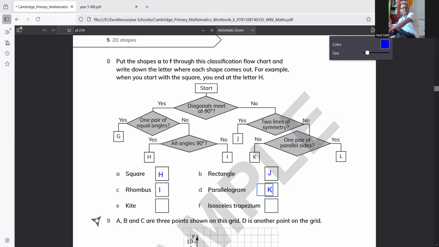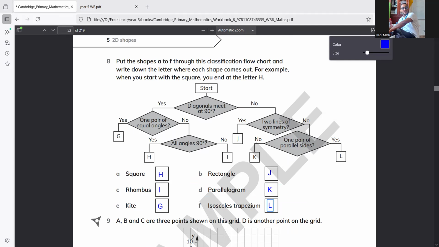The diagonals meet at 90 degrees, it's a yes. One pair of equal angles, it's a yes. So ending at G. Isosceles trapezium. Okay. We start. The diagonals meet at 90 degrees, no. Two lines of symmetry, no. One pair of parallel sides, it's a yes. It's ending at L.